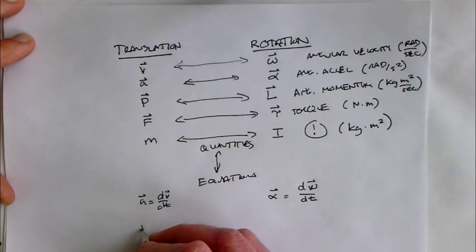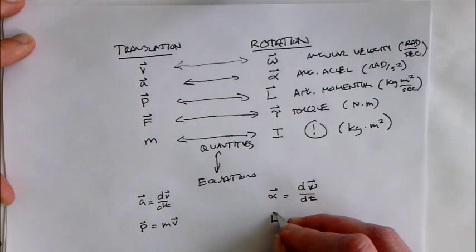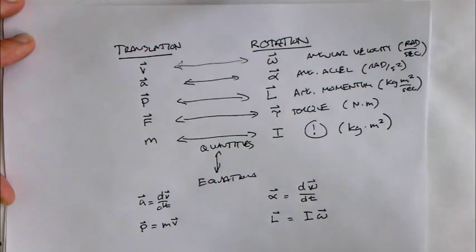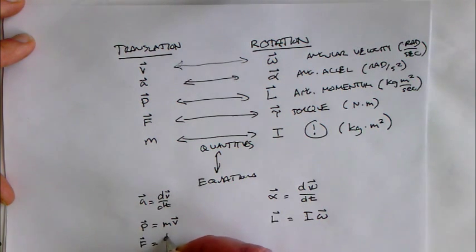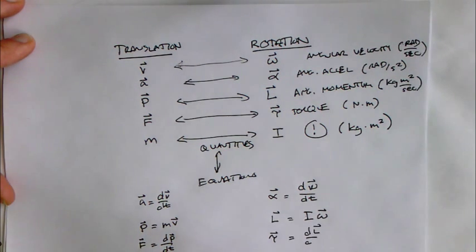Just as momentum is mass times velocity, angular momentum is moment of inertia times angular velocity, so long as we're in the two-dimensional condition here. And just as force tells you the time rate of change of linear momentum, torque tells you the time rate of change of angular momentum.